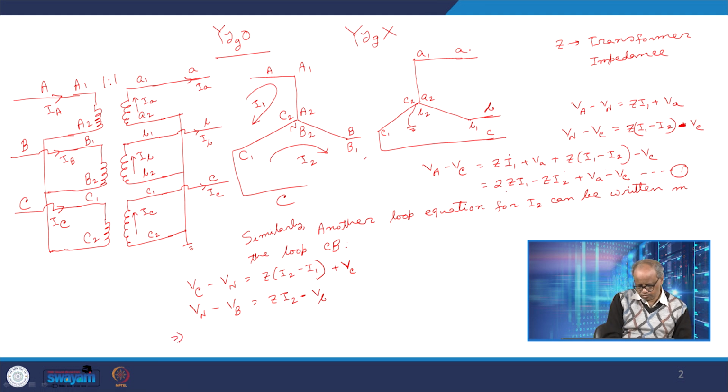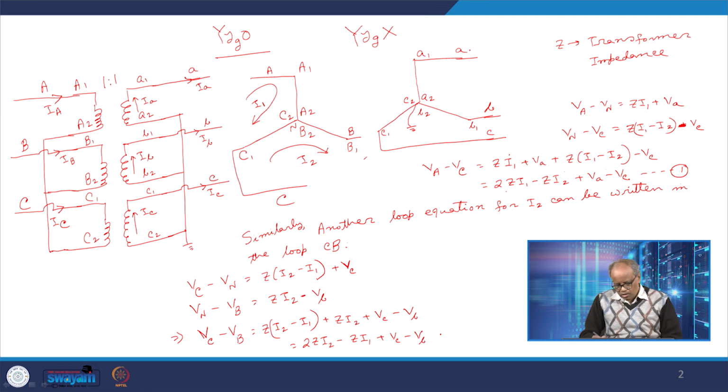So, therefore, Vc minus Vb is equal to Z into I2 minus I1 plus Z I2 plus V small c minus V small b, that is, 2 Z I2 minus Z I1 plus Vc minus Vb. So, this is equation 2.